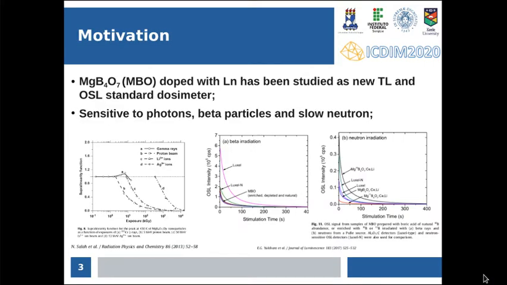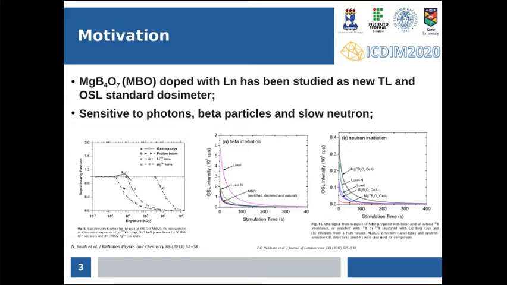The first motivation is that magnesium tetraborate, or MBO, doped with lanthanides can become a new TL and OSL standard dosimeter. It is sensitive to photons, beta particles, and slow neutrons. The neutron detection is possible due to boron-10, which has a high cross-section for these particles.